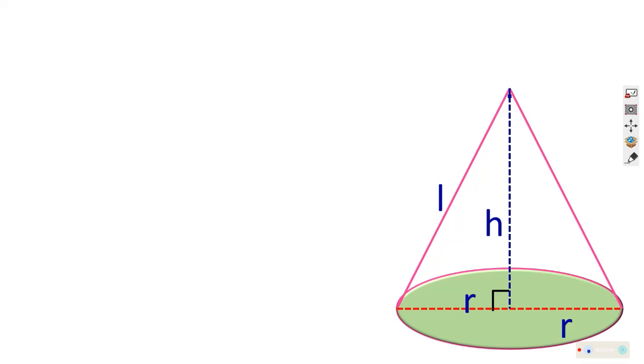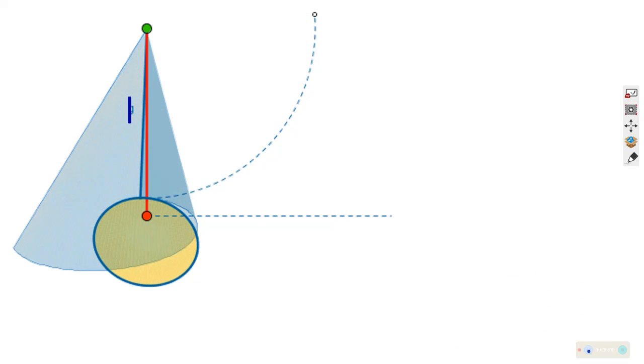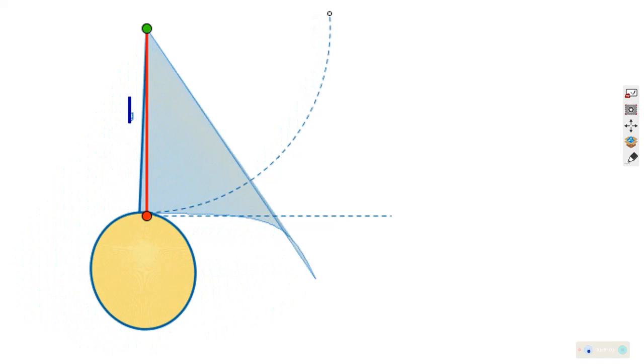Now, how to reach the surface area is an important question here. To reach the surface area, we need a kind of activity in order to understand that. Look at this. I will repeatedly show you.